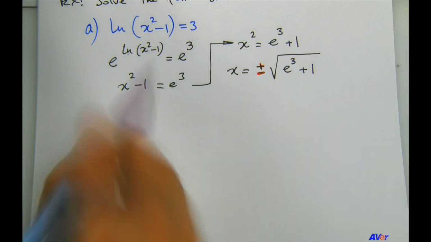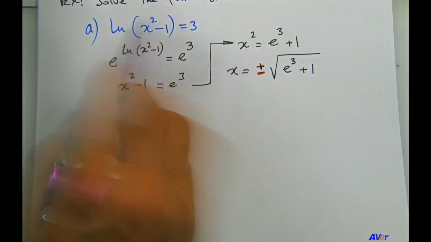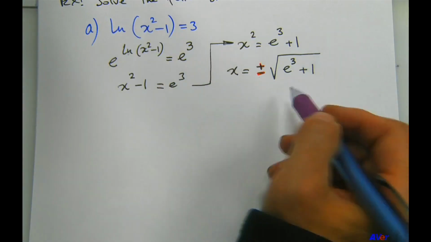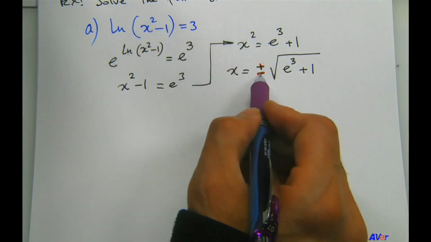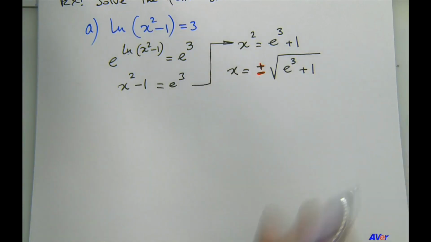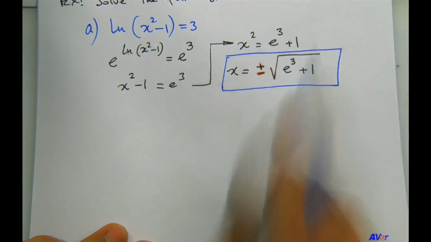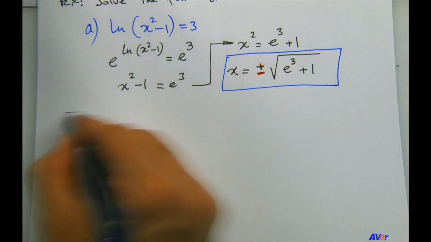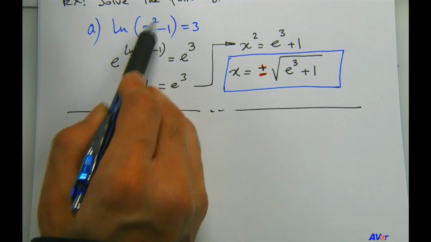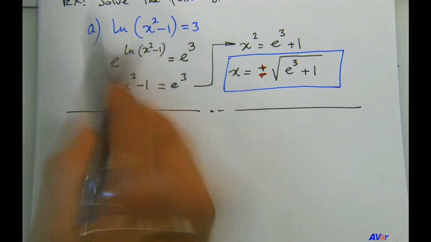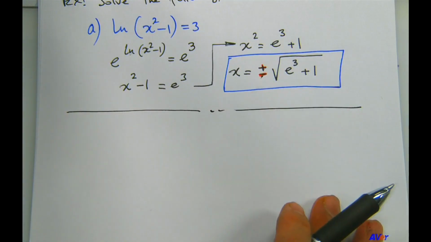But if we plug in the positive or the negative, are both of them acceptable? Both of them are acceptable. The reason being that this is x squared, so it cancels the negative. This power x squared will make the negative positive again. So we accept both answers.